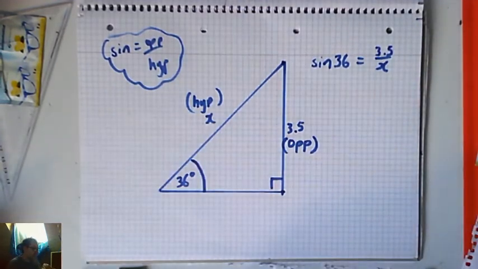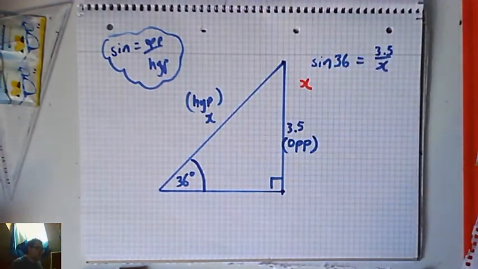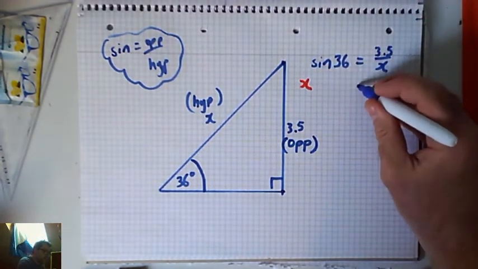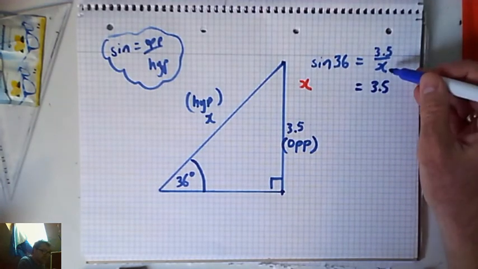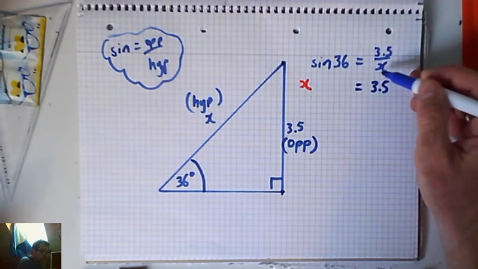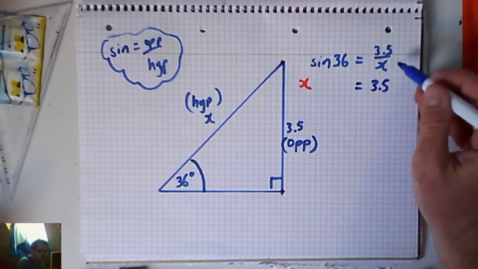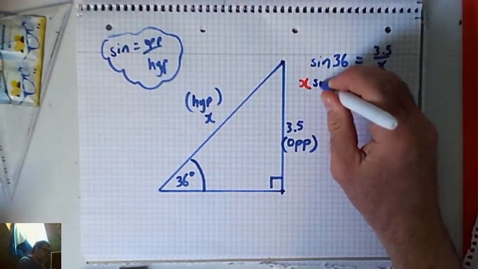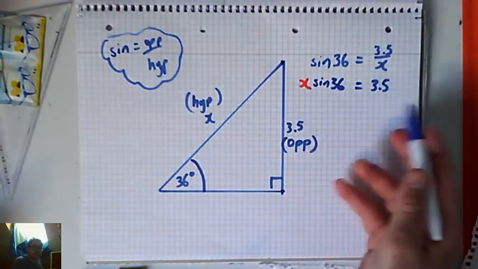So that is going to take me an extra step to isolate the x. So I'm multiplying both sides by x to get rid of the fraction. So instead of 3.5 over x, I've just got a whole 3.5. So I've done that by multiplying by x, but then I need to multiply by x the other side as well to maintain the balance.